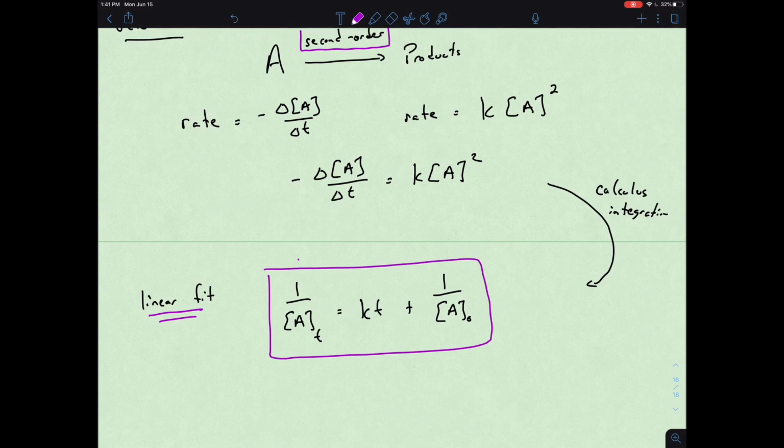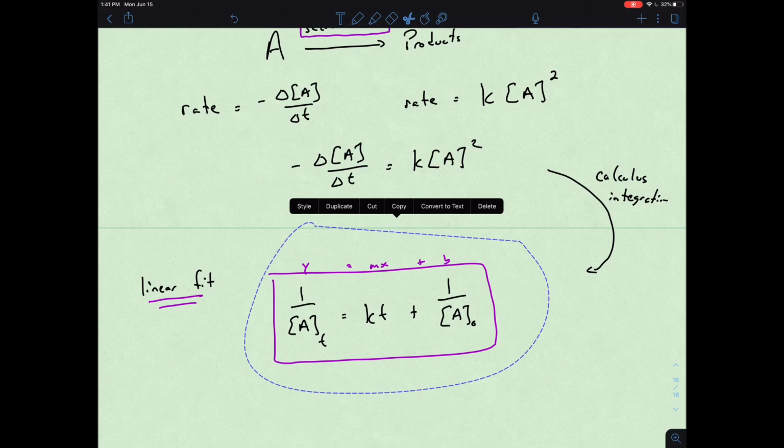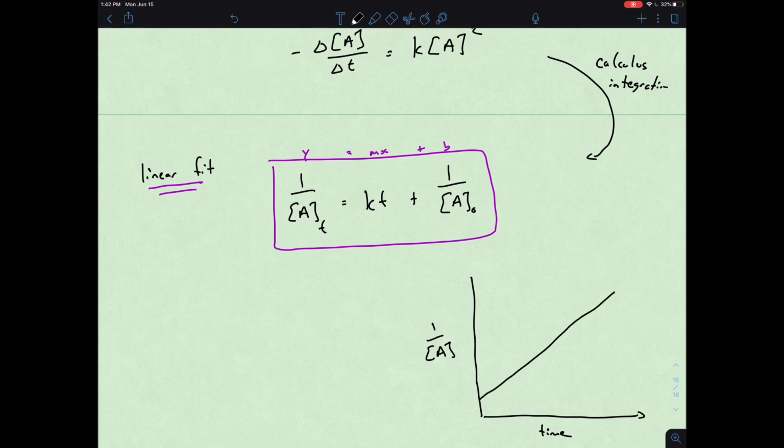Again, we still have the y is equal to mx plus b motif. And we can still plot that in terms of time versus now 1 over concentration. And in this case, we get a straight line with now a positive slope.